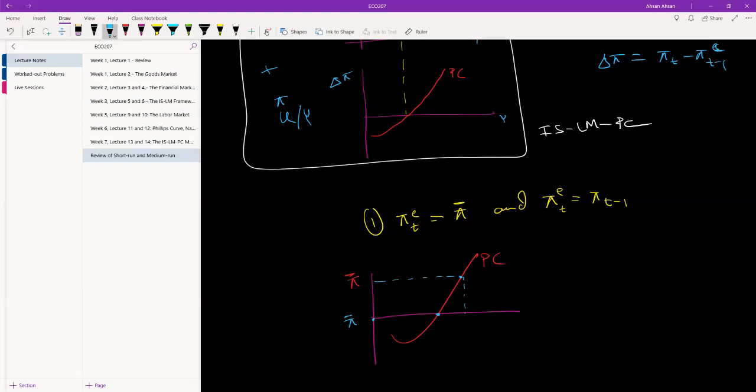But what we have is a higher rate of inflation. This is obviously higher than this. So suppose we want 3% inflation, but what we have in the economy is 6% inflation. So how do we solve this? We've already talked about monetary policy and fiscal policy and how the government will implement those policies.